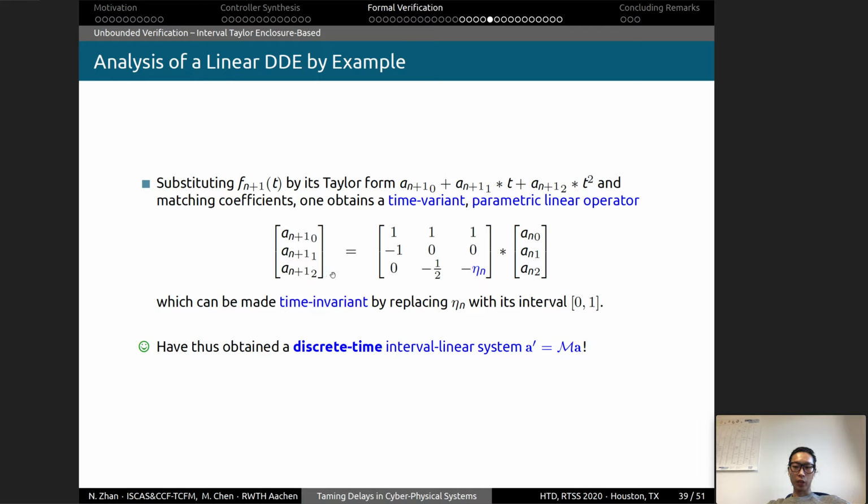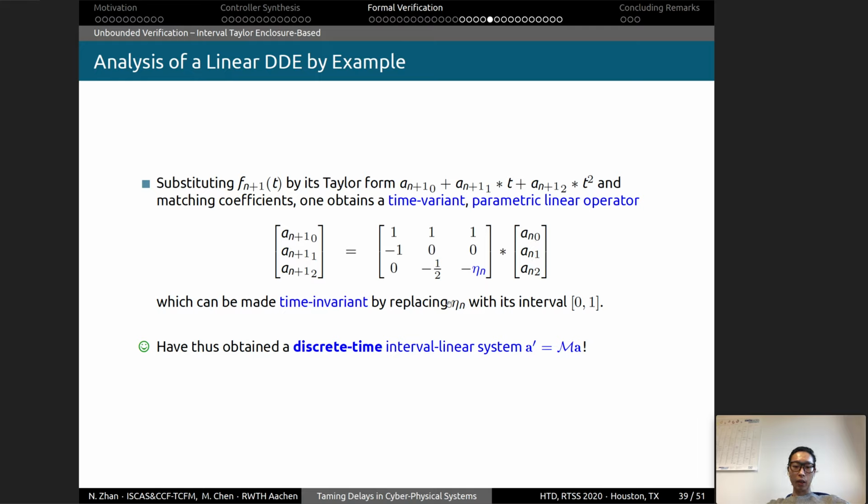This is a discrete time invariant parameter linear operator, where all those coefficients are now the states of this linear operator. Notice that here a_{n+1}, a_{n+1}, and here a_n are all intervals.